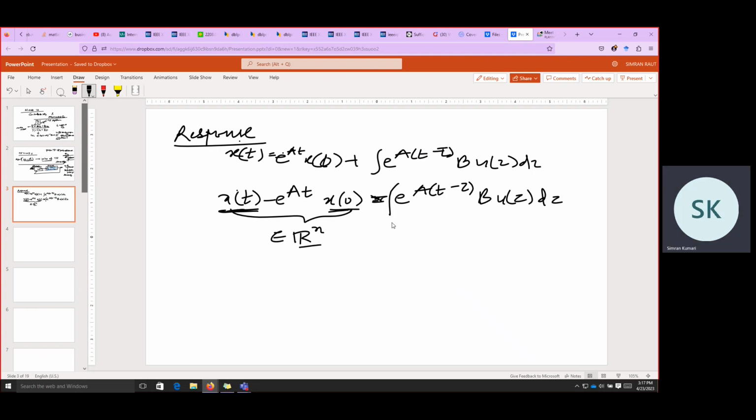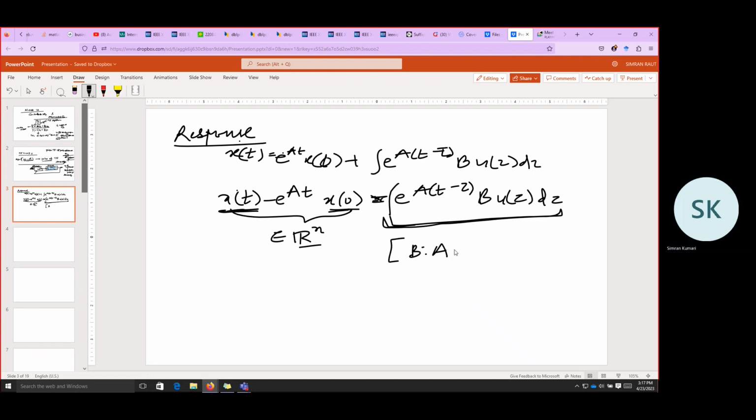And therefore this leads to the controllability matrix, B, AB, up to A^(n-1)B, having a rank which is n.